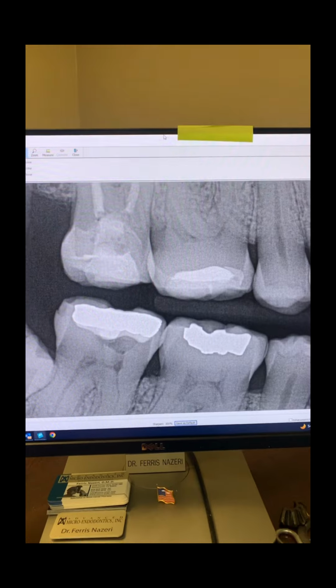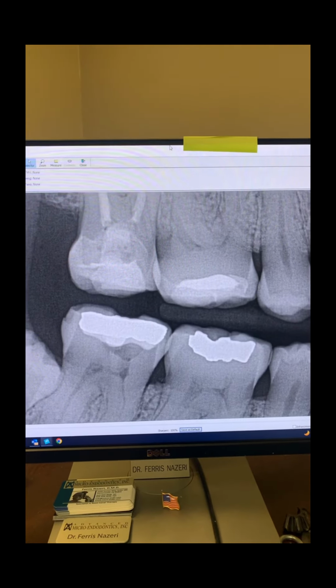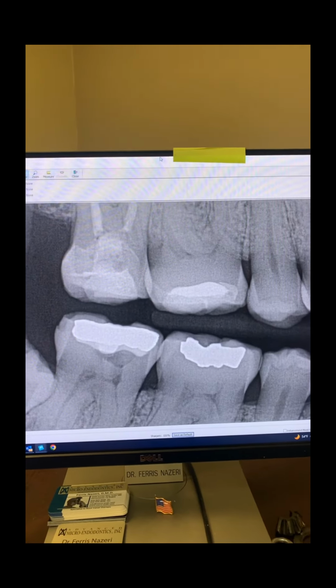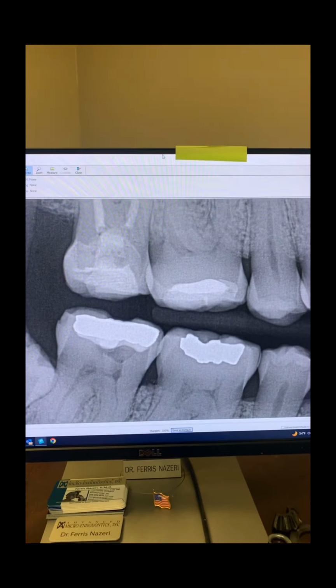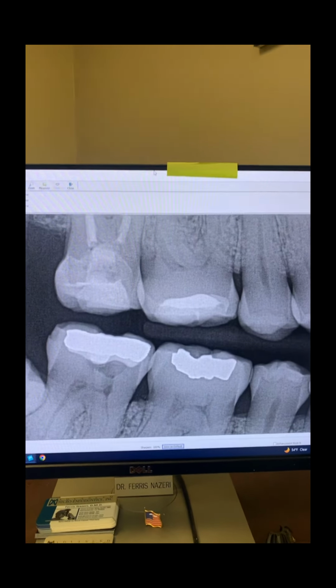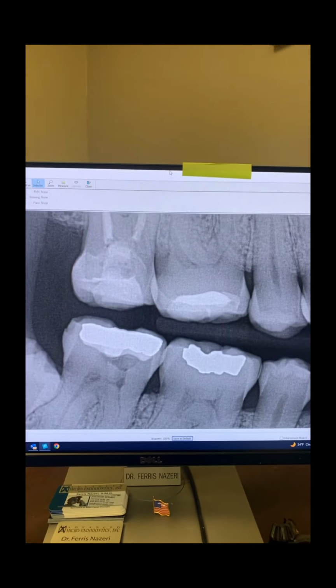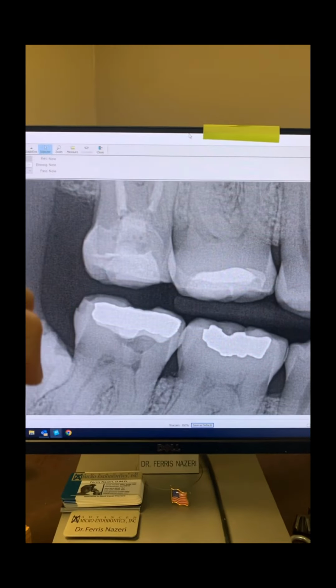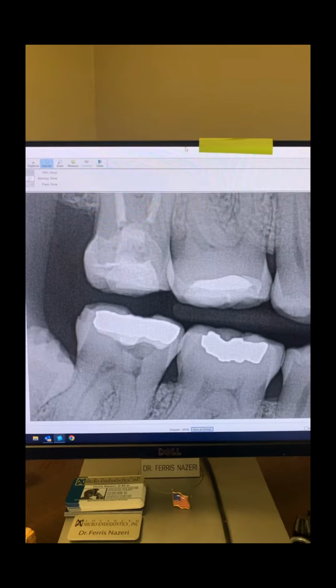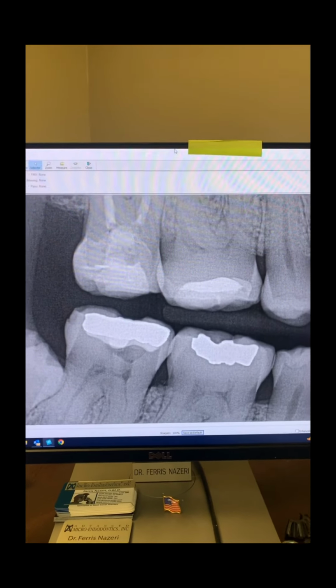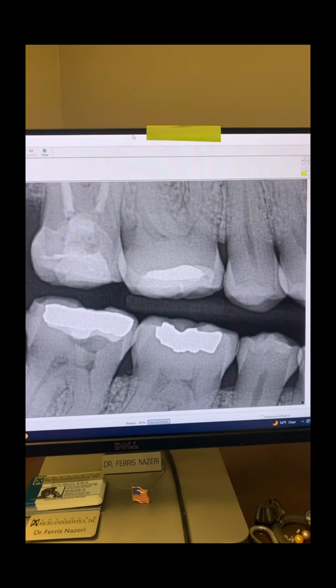So there was no contamination of the composite with saliva and what have you, blood, saliva, there was no contamination. And you layered the composite. You didn't do a bulk placement of the composite and the curing of the composite. I'm assuming that you did everything right.